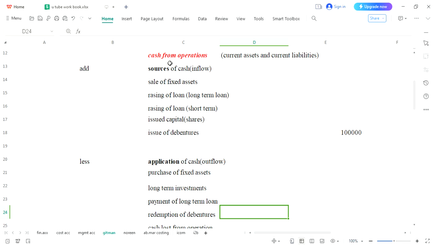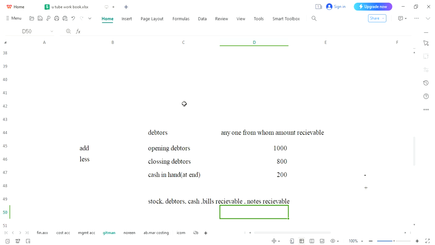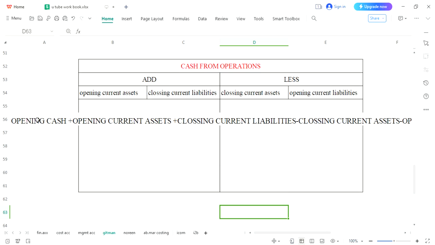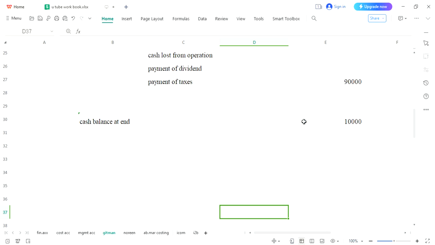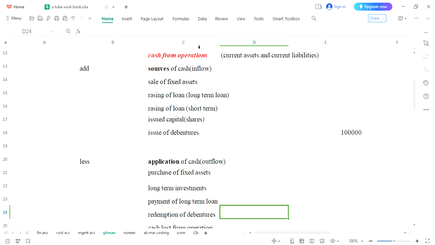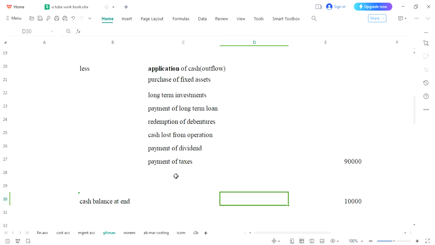Cash from operations, you will calculate with this single line, and then you will write this cash over here. After which you will add cash from fixed assets and liabilities, and you will subtract application of cash upon fixed assets and liabilities, and finally you will get cash at end.